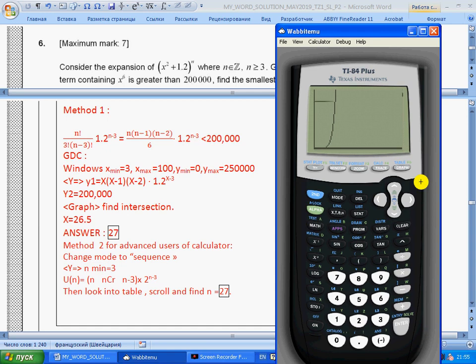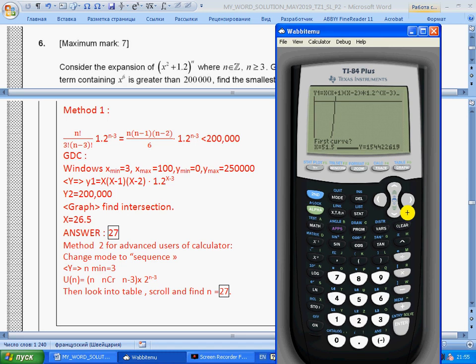Here is the line. So we will need to find intersection when this happens. Right, second trace, intersection 5.